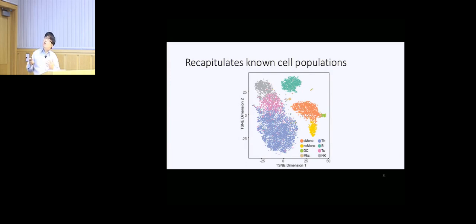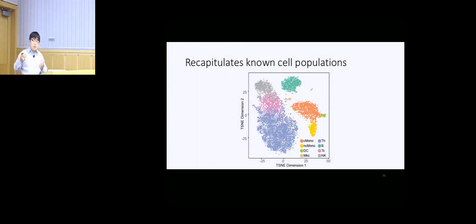Aggregating all cells together, this is the result of the clustering of cells. This is a very typical plot for the single cell community. The x-axis and y-axis are the first and second TSNE dimensions. TSNE stands for t-distributed stochastic neighbor embedding, which is a very good method to create a low dimensional manifold from very high dimensional data.